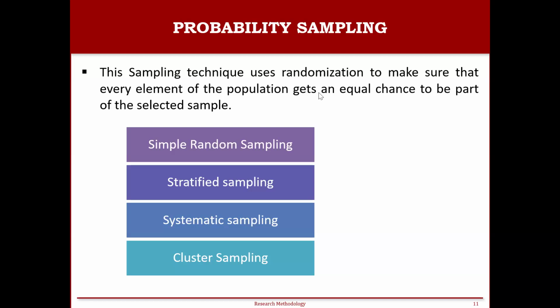And then stratified sampling is a little bit different from simple random sampling. Under stratified sampling, we divide the population into different subgroups based on characteristics. For example, characteristics like age category, gender category, income status, and educational status.